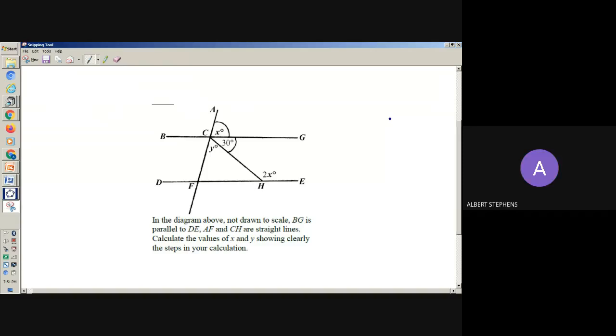Sir, for angle x at the top there, could you say it's an acute angle?